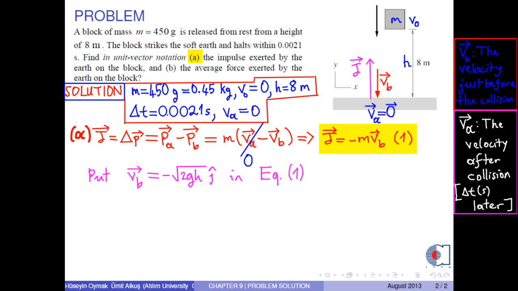Now, if we put this velocity in equation 1 for the impulse exerted by the earth on the block, we obtain the impulse as m times square root of 2 times g times h j hat. Now we substitute the numerical values into this equation.